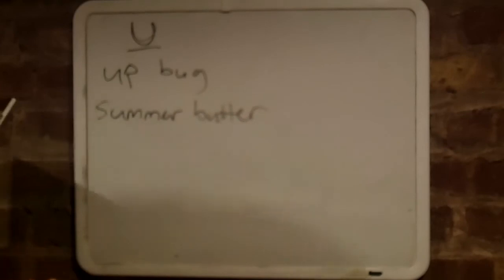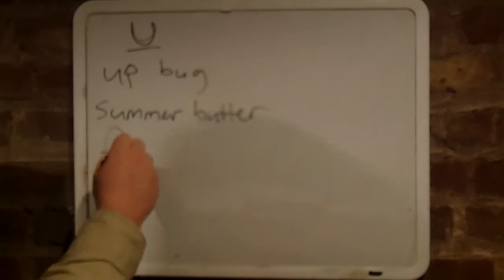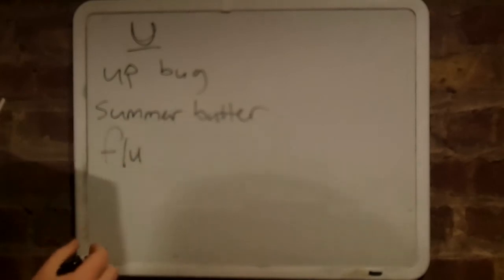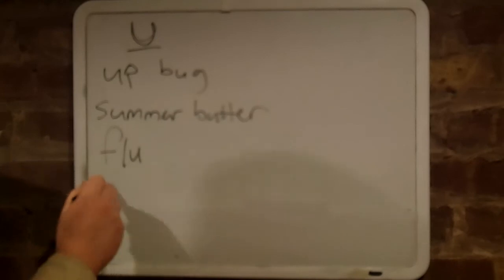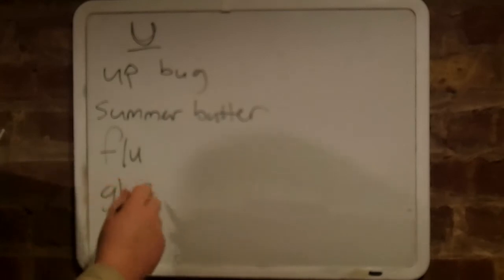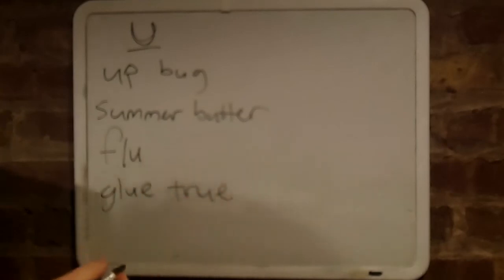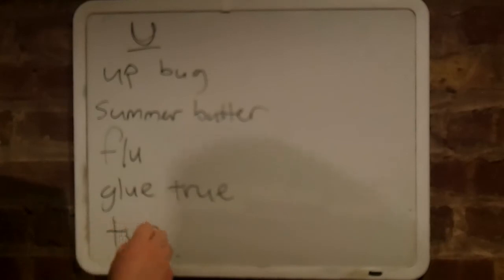It usually sounds like oo if it's by itself at the end of the word, like in flu. And it also sounds like oo if it comes with an E, like in the word glue or true. It sounds like oo again also if it has a silent E. For example, tune or prune.